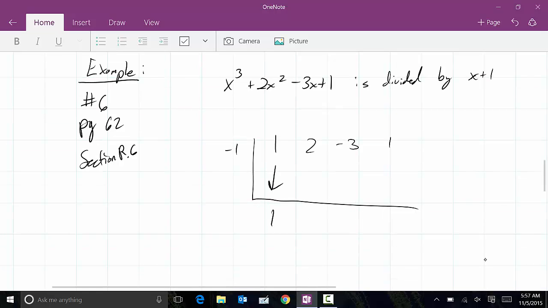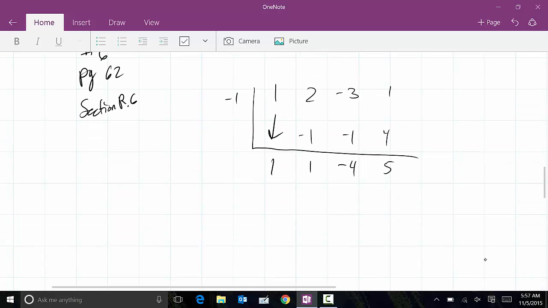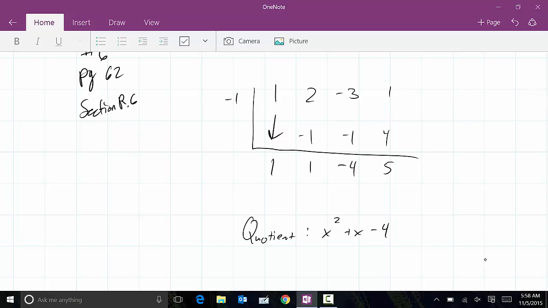So we're going to bring down the 1, multiply, that's -1, and then add, that's 1, multiply, that's -1, add down, that's -4, multiply, that's 4, add down, so that's 5. And so that means that what we found is the quotient is x^2 + x - 4, and the remainder is 5.